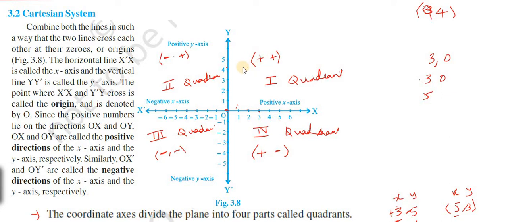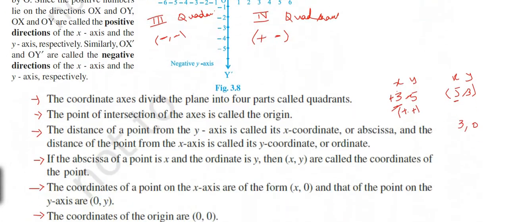It is on the positive y-axis, not in any quadrant. If the point is on the axis, you cannot name a quadrant, so you tell it is on the positive y-axis. That is the point here.